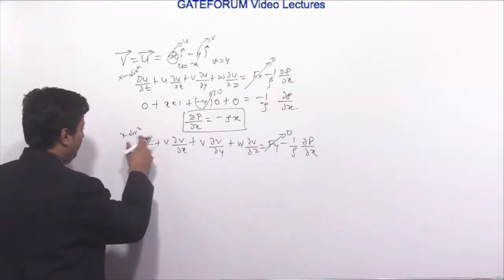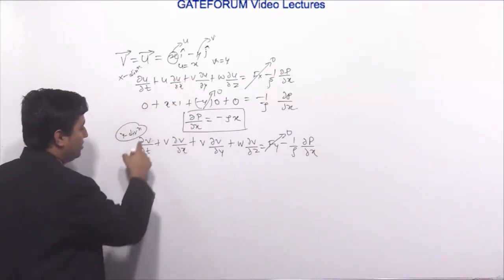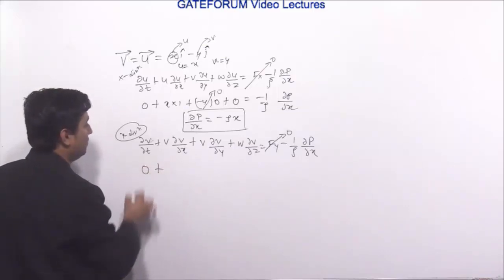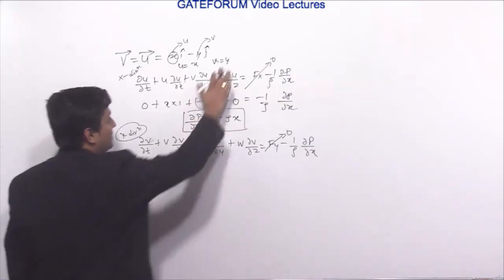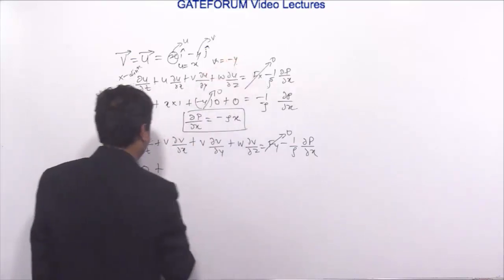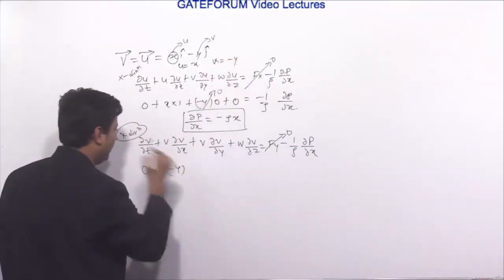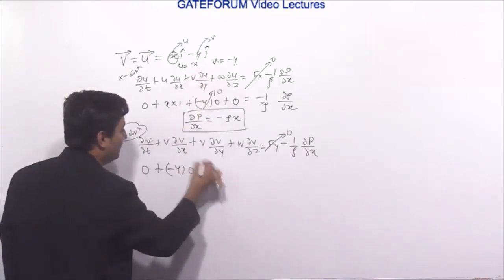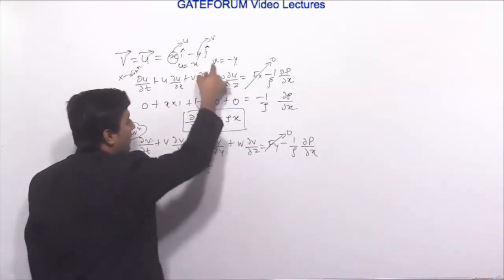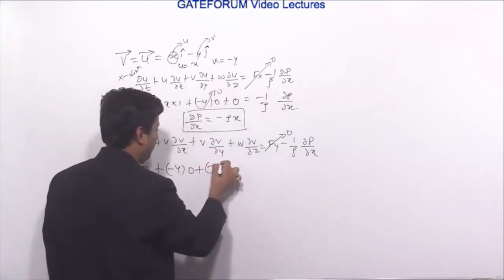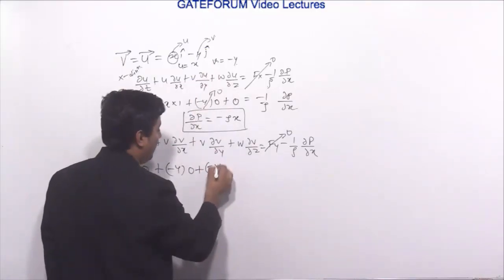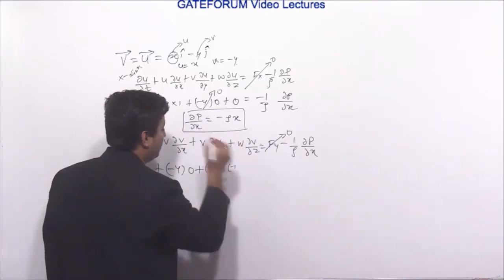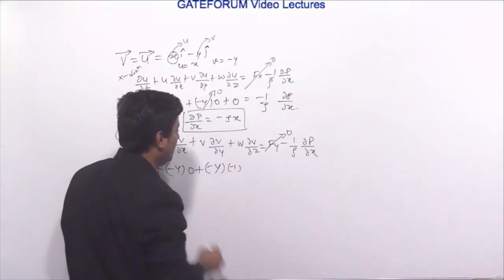Now let me go for del v, in the y direction. Here del v by del t will become 0. v is equal to minus y, and del v by del x will become 0. So u del v by del x is 0, and v del v by del y is minus y times minus 1, which is y.